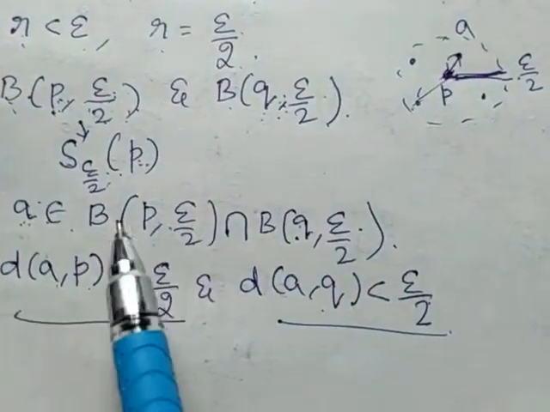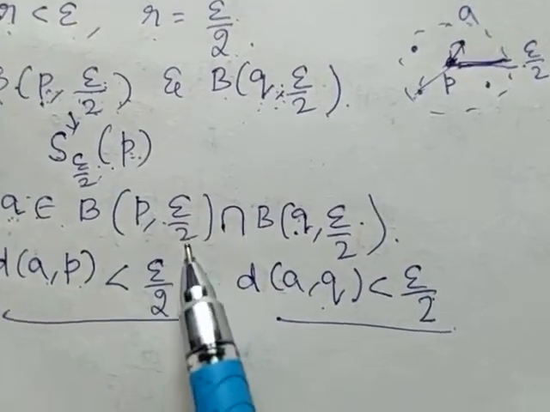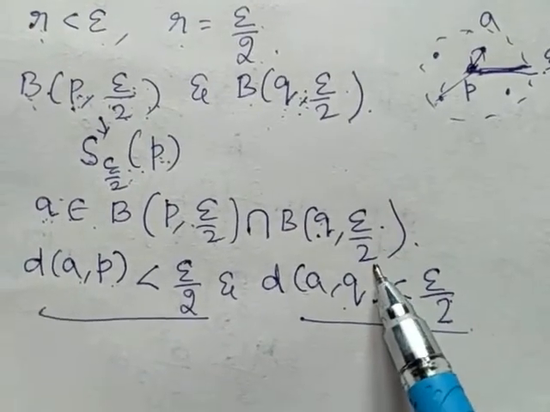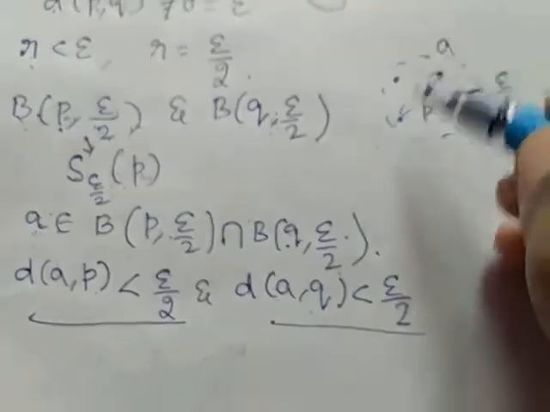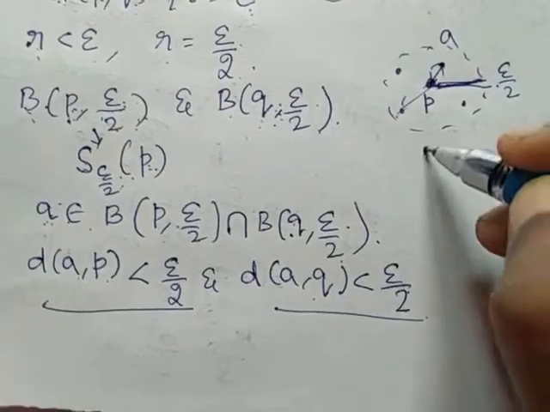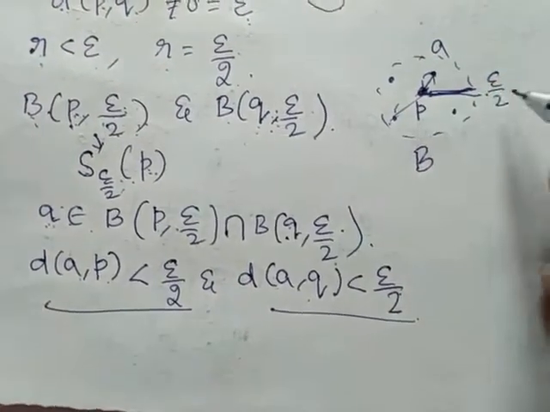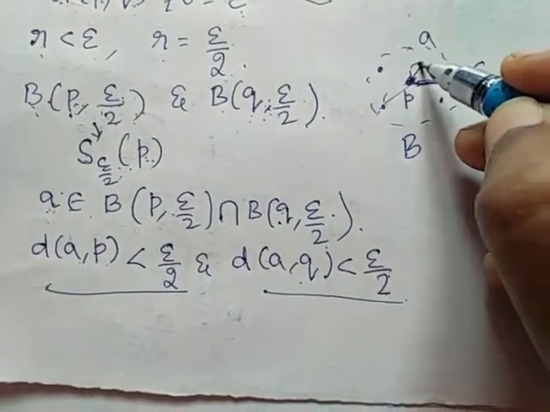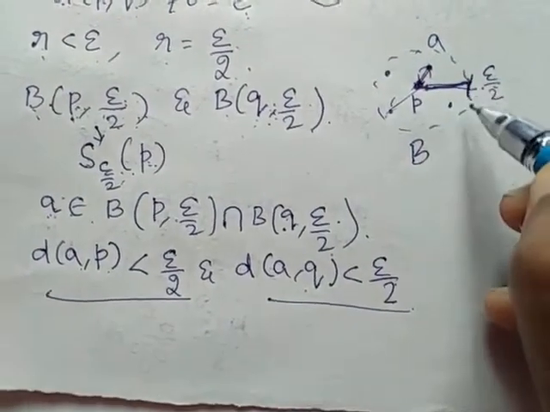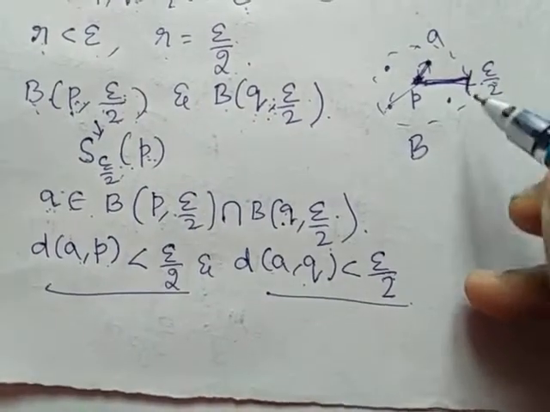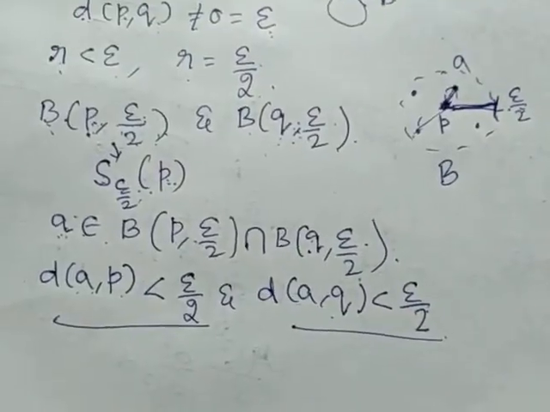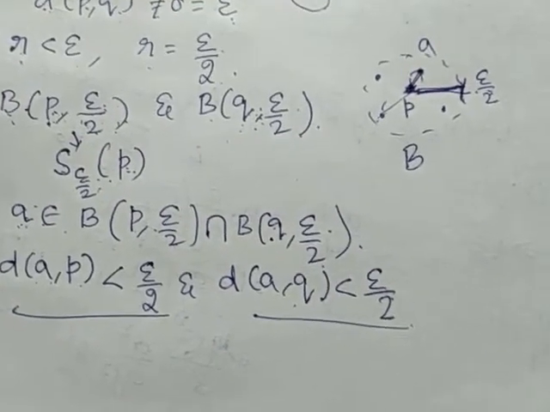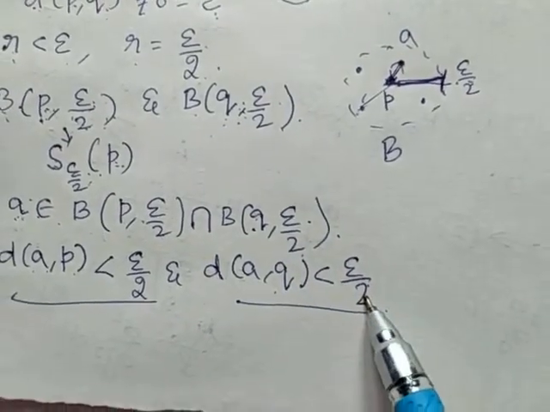So A belongs to B(P, epsilon by 2) and A belongs to B(Q, epsilon by 2). This is our open sphere B with center Q and radius epsilon by 2. If A belongs to this, obviously the distance between A and P is less than epsilon by 2. So I am writing d(A, P) is less than epsilon by 2 and d(A, Q) is less than epsilon by 2.